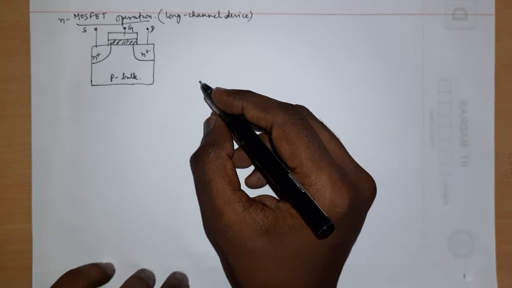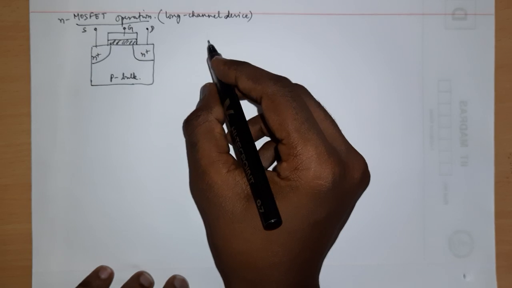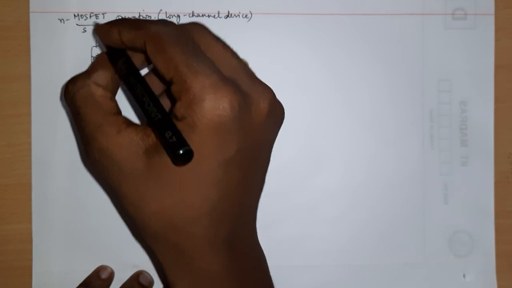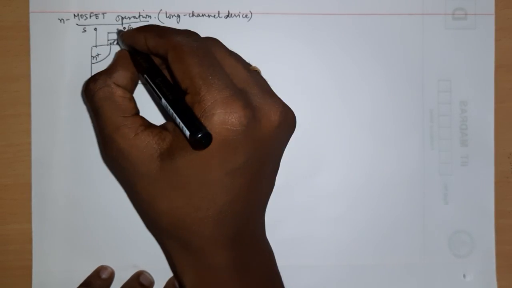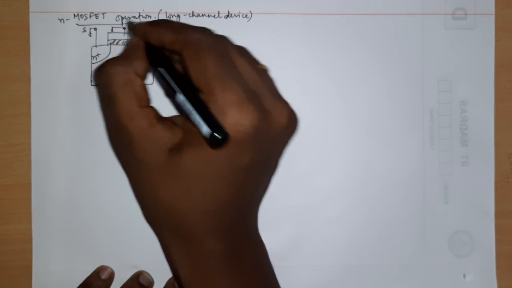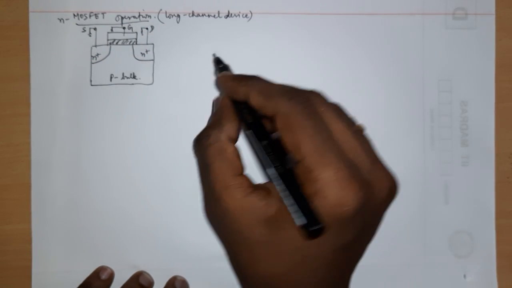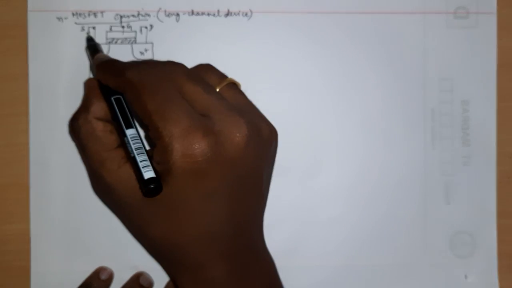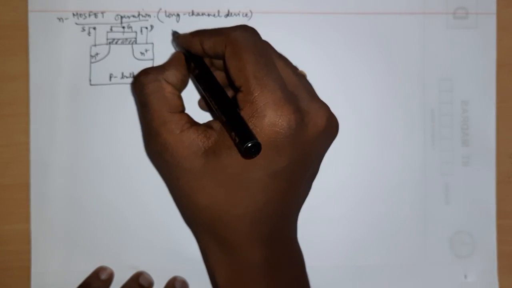Now, I'll take a special case where I ground the source, I ground the gate, I ground the drain, like Vg is equal to Vs is equal to Vd is equal to 0.